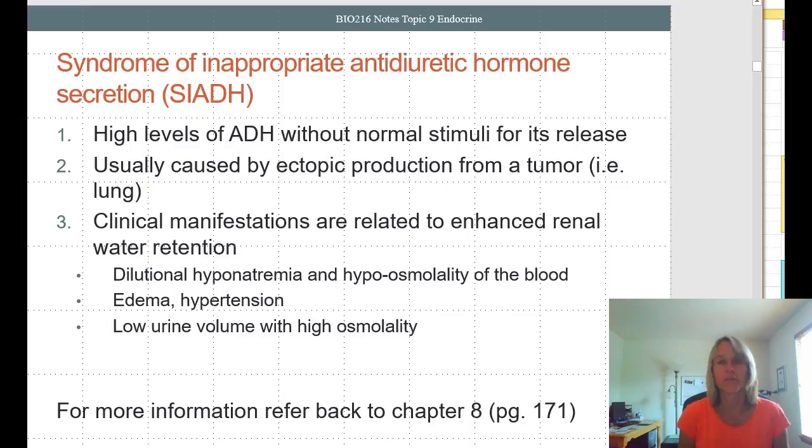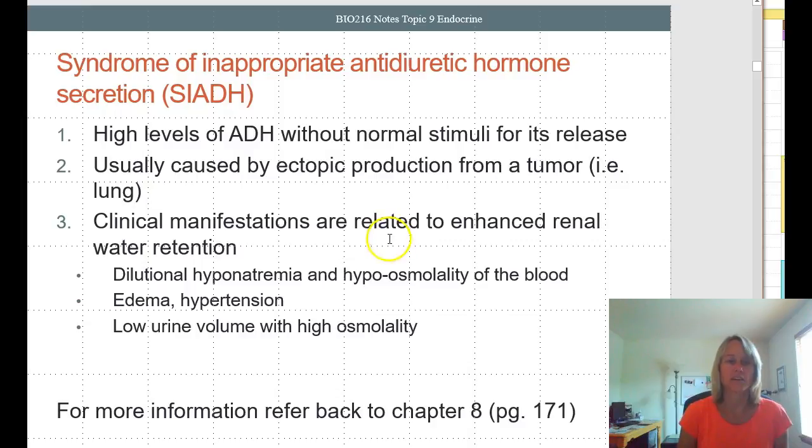But in syndrome of inappropriate ADH secretion, we have ADH levels that are high, but without that stimulus for the release. Now, this is most often caused by ectopic production from a tumor, for instance, a lung tumor. Now, the clinical manifestations are going to be related to too much water retention.